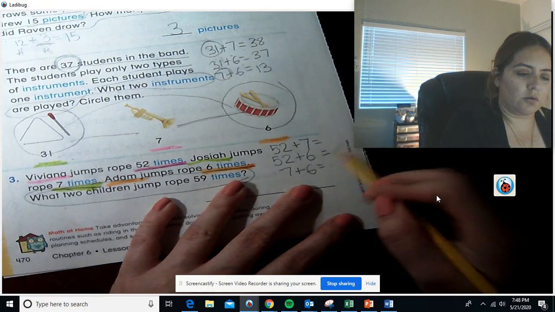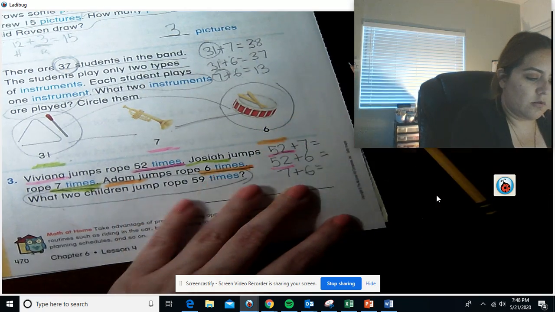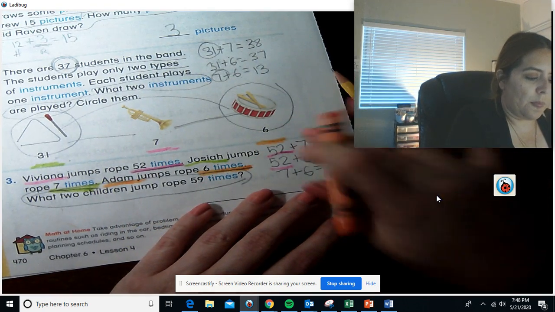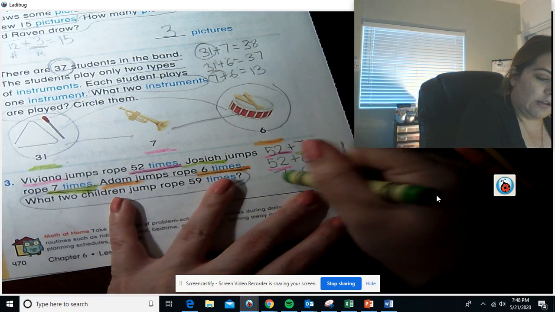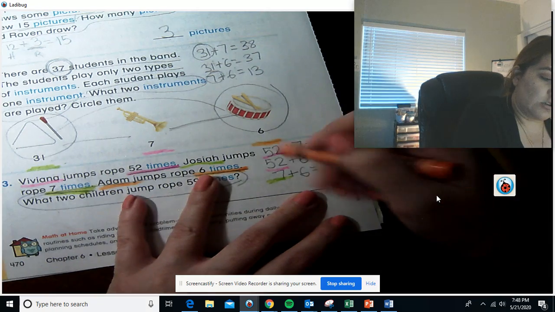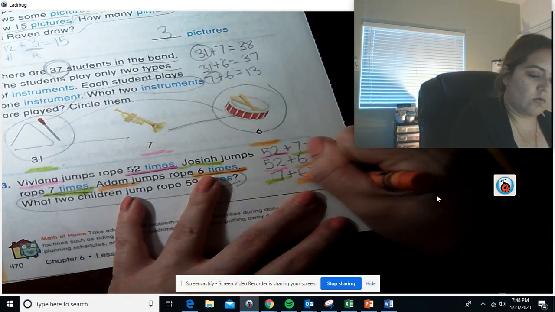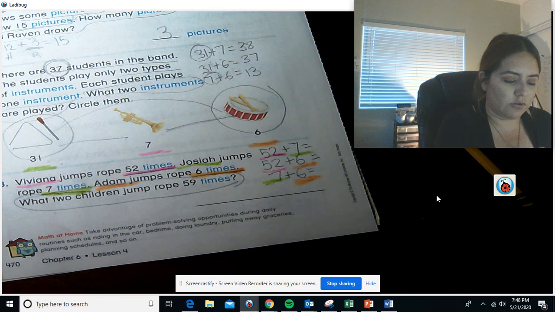And let's color code them. So Viviana's pink. Josiah is green. Josiah's 7. And Adam is orange. So let's figure this out.